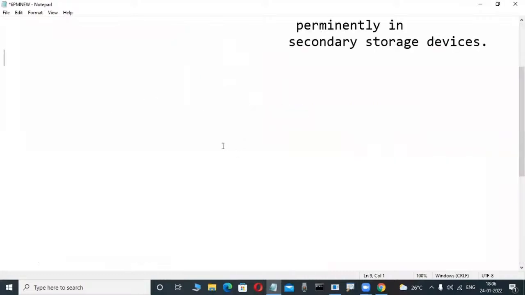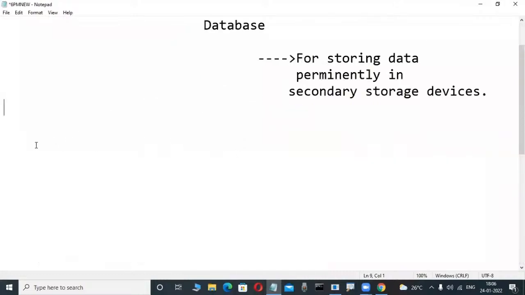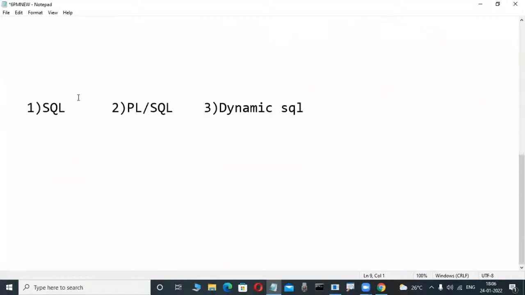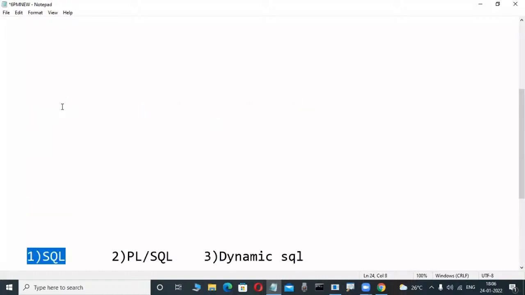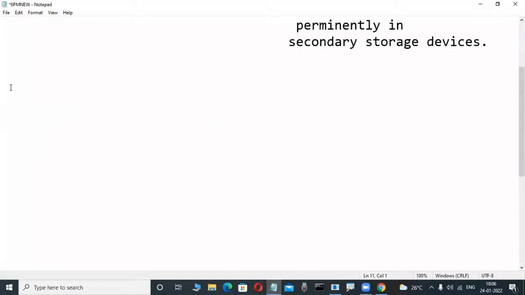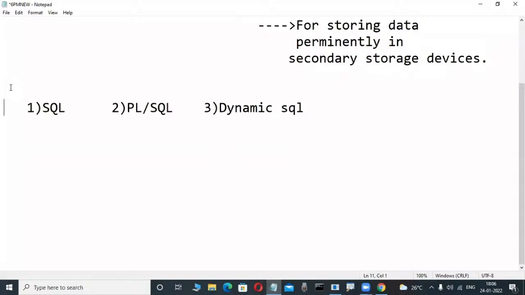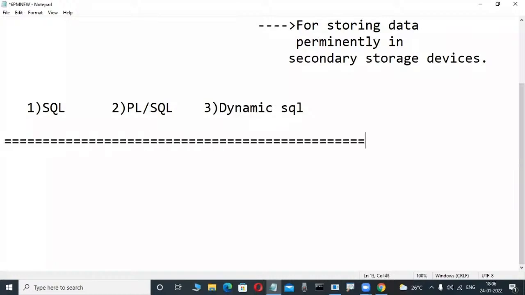These databases, that is Oracle, SQL Server, DB2, Sybase, MySQL, are all implemented based on the relational data model concept. For operating these products, we use SQL. But for the Oracle database product, to operate it, we use 3 languages: one is SQL, another is PL/SQL, another is dynamic SQL. Up to this, we learned in previous classes.